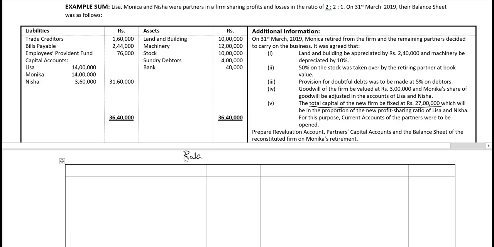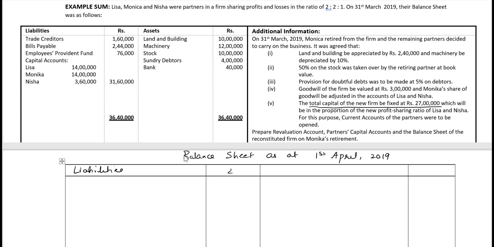Balance sheet as at 1st April 2019. Left side we have the liability side, right side, asset side. We'll begin with the liability side items. Trade creditors, no change in the value, 1,60,000 rupees.